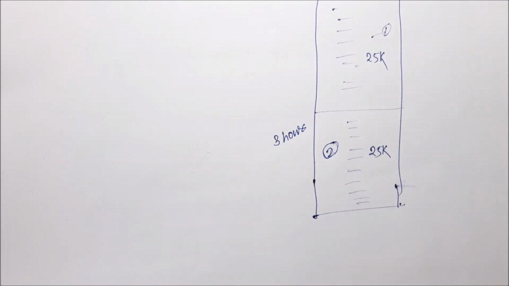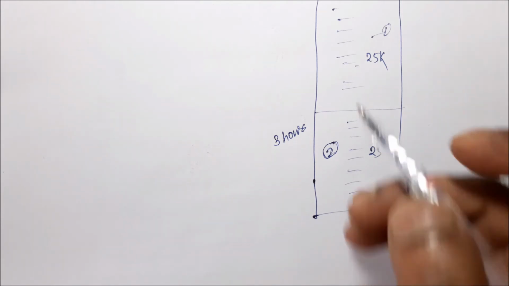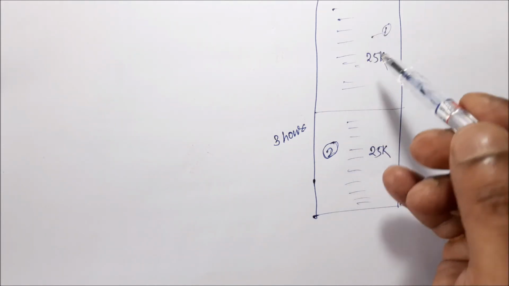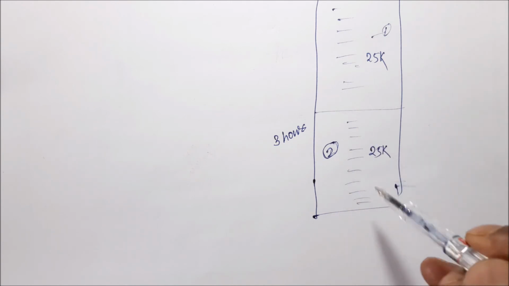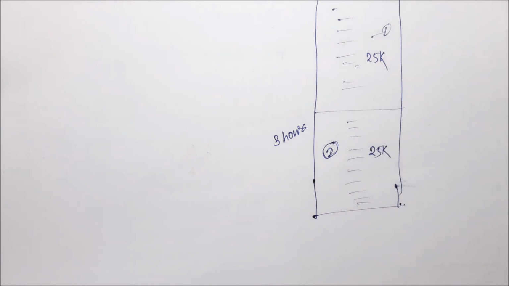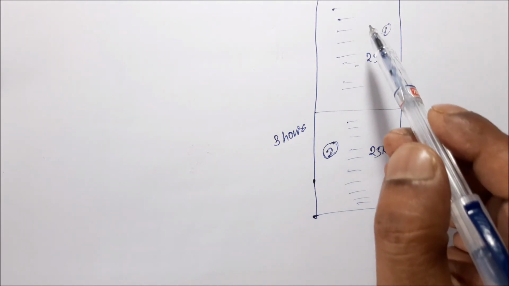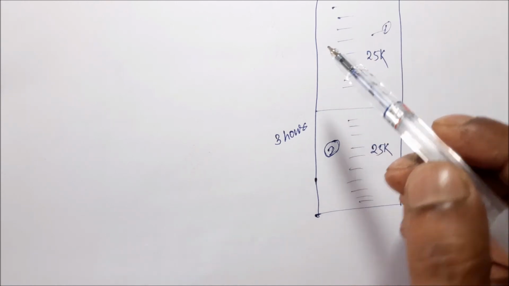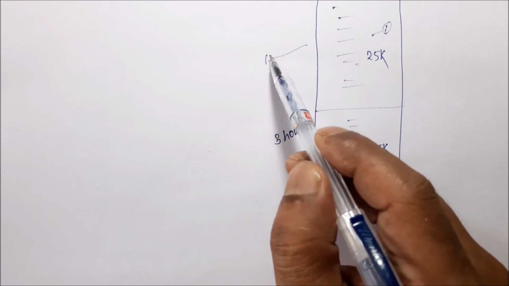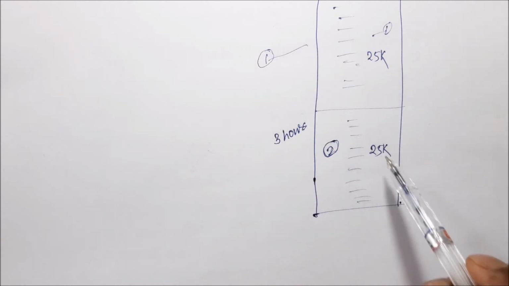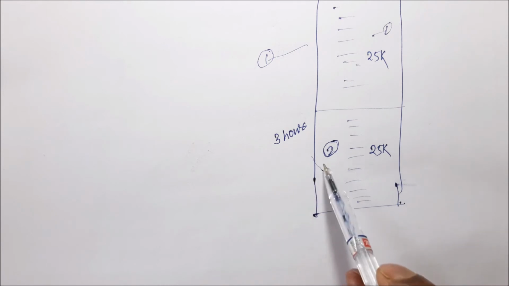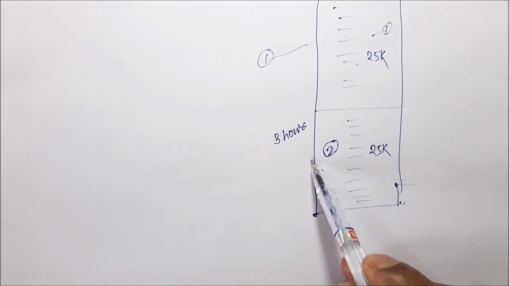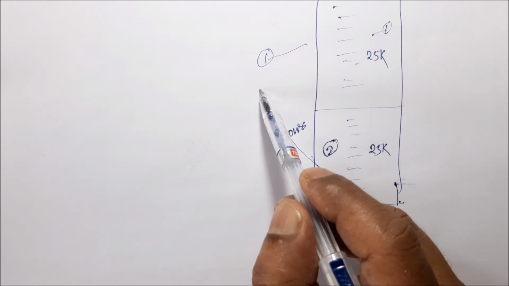Suppose if I analyze this program, the first 25,000 lines do not depend on the second 25,000 lines of code. So if I do those tasks simultaneously, that means I execute the first 25,000 lines using some thread, and at the same time I execute the second 25,000 lines with some other thread.